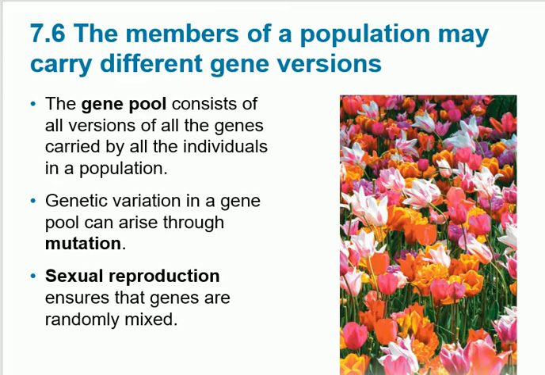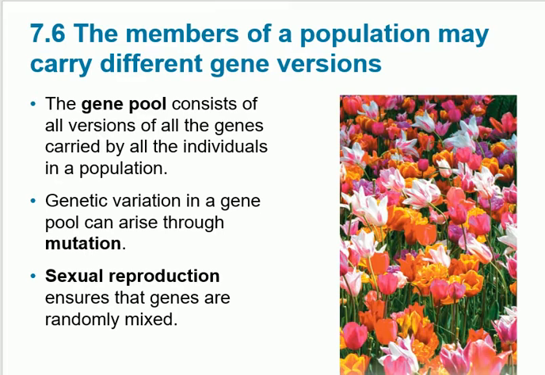So what's the gene pool? It's all versions of all genes of all individuals. Okay? All versions of all genes of all individuals. And I put all of this together, that will be the gene pool.